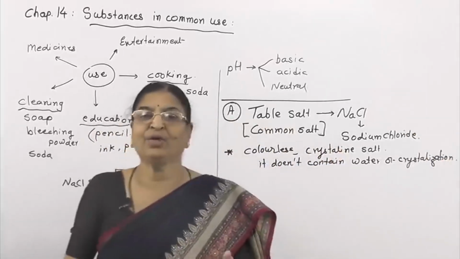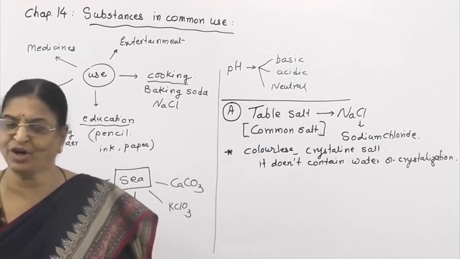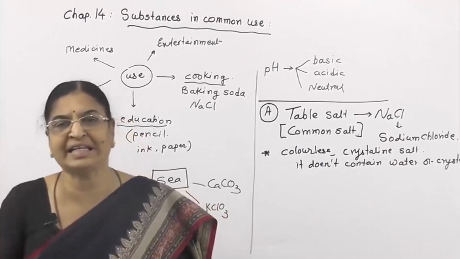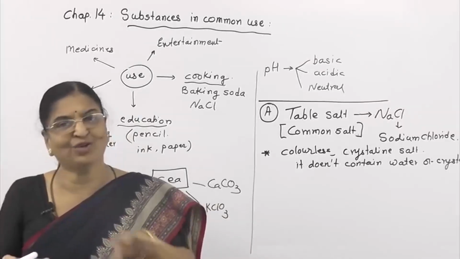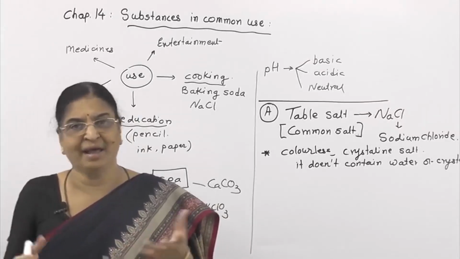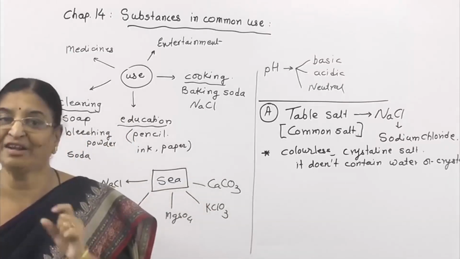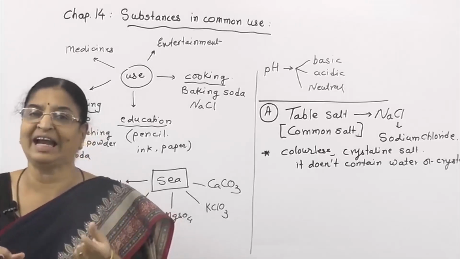So then you can make it melt also. When water of crystallization is not there, you can heat this powder up to 800 degrees centigrade and make a fused state of it. So it is in a molten state then, but it will not contain water, and that can carry electricity.